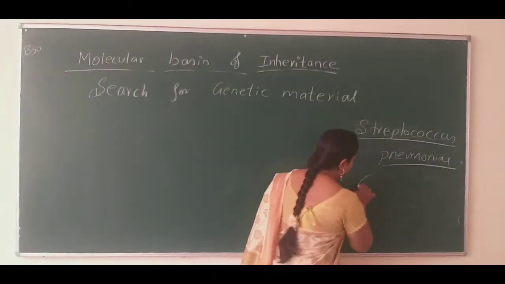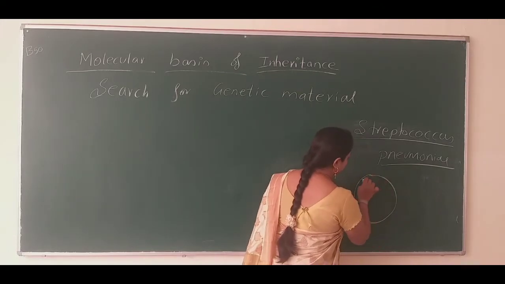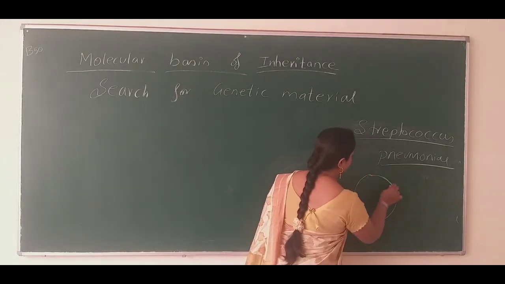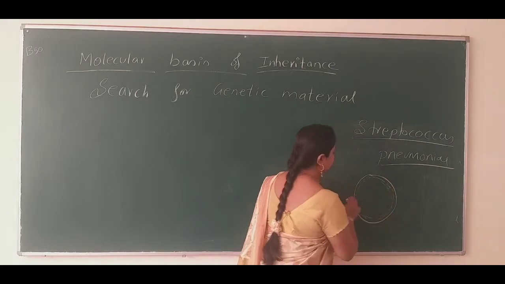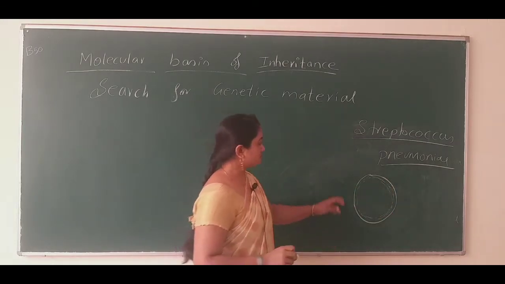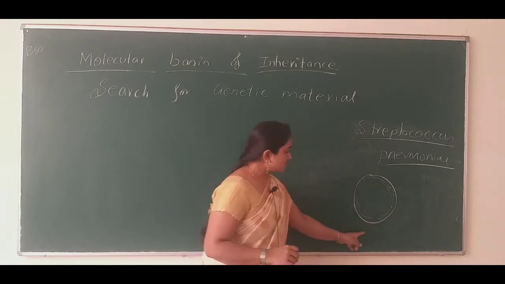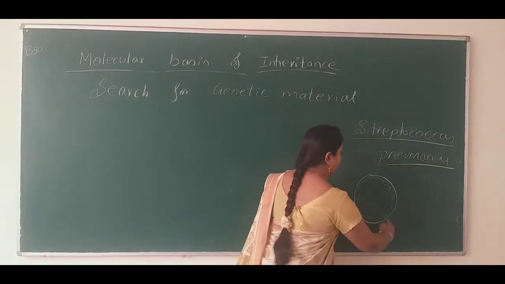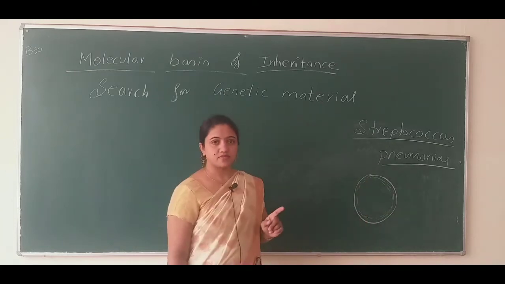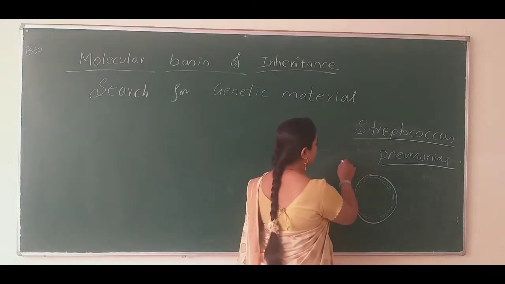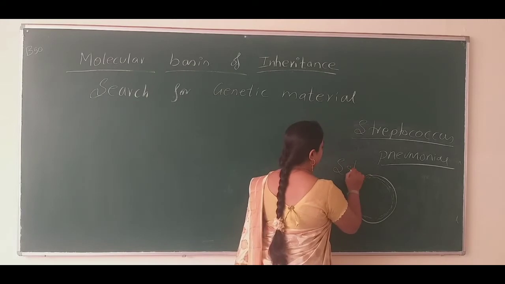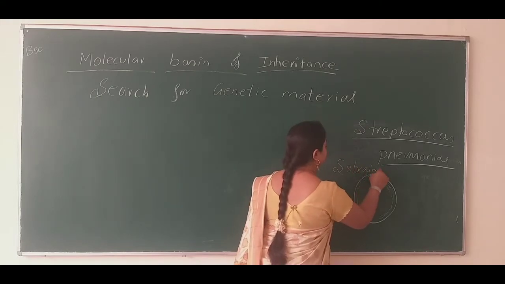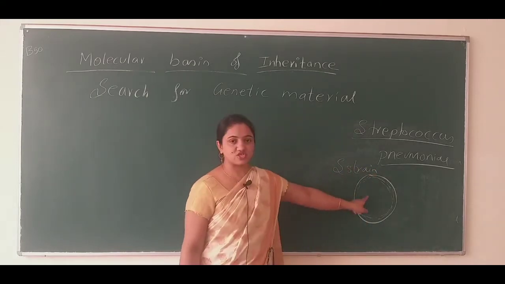Okay, the structure will be somewhat like this. Don't draw this diagram, it's not necessary. If Streptococcus pneumoniae has a capsule around it, this type is known as the S strain.